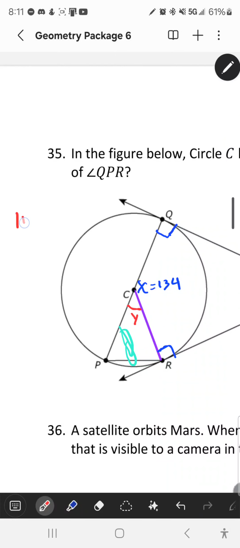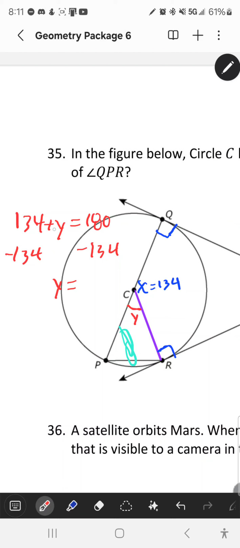So I can say that 134 plus y equal 180. Now if I subtract 134 from both sides, I have y equal 180 minus 134, which is just 46. So this one right here equals 46.